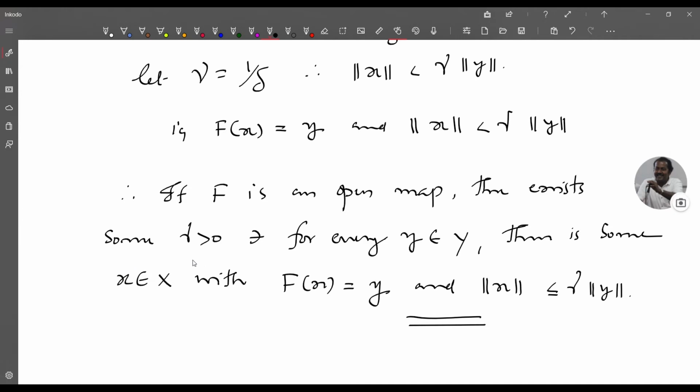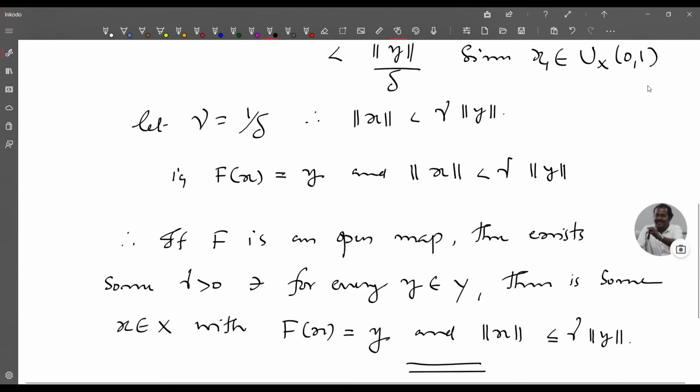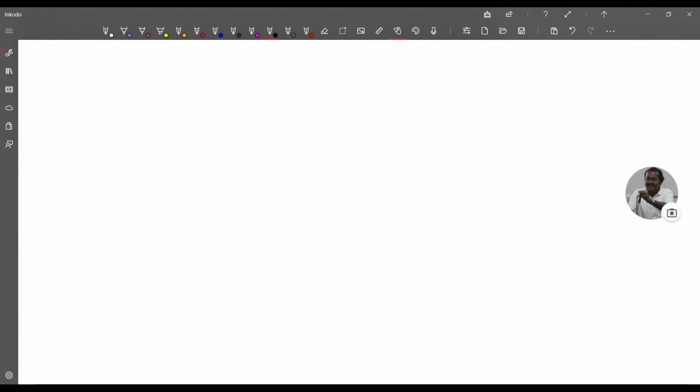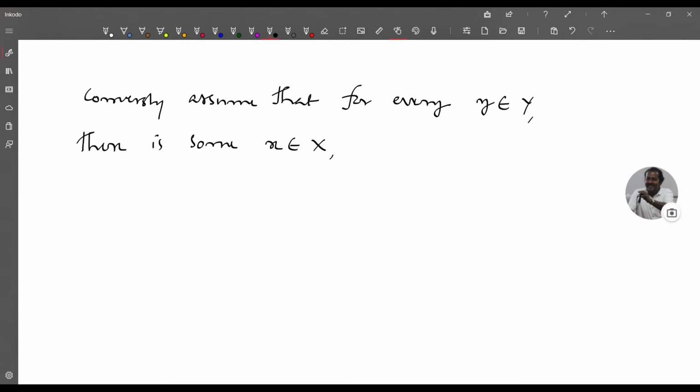Now we prove the converse part. Conversely, assume that for every y in Y, there is some x in X with f of x equal to y and norm of x less than or equal to gamma times norm y for some gamma positive.